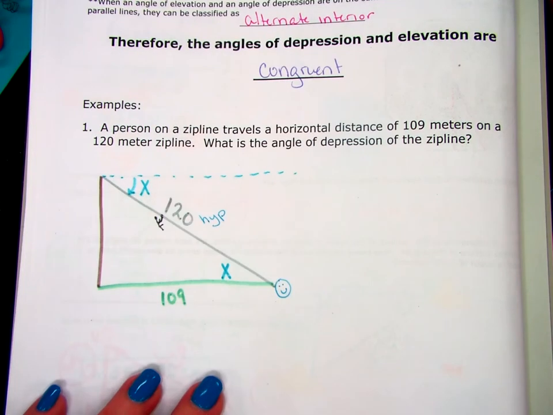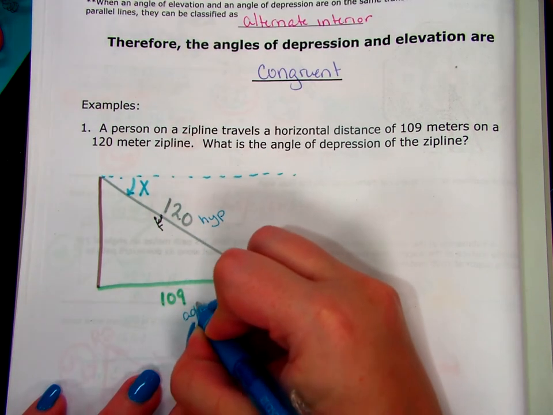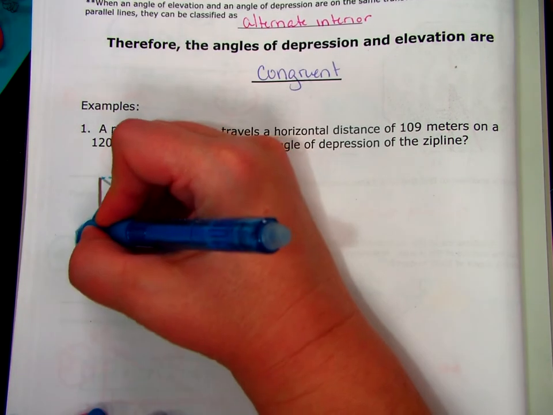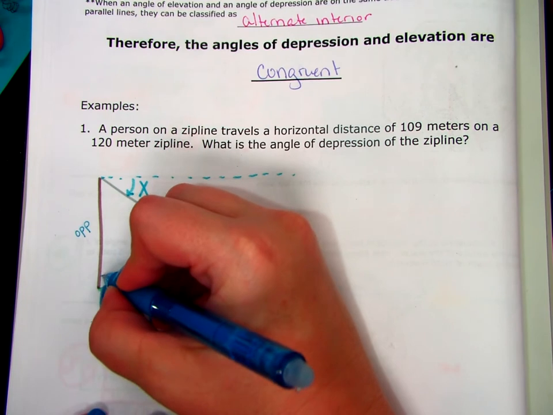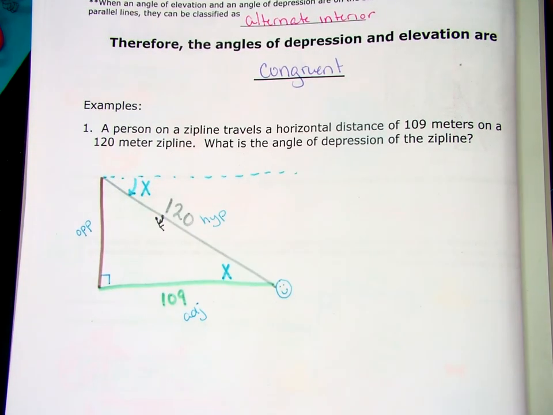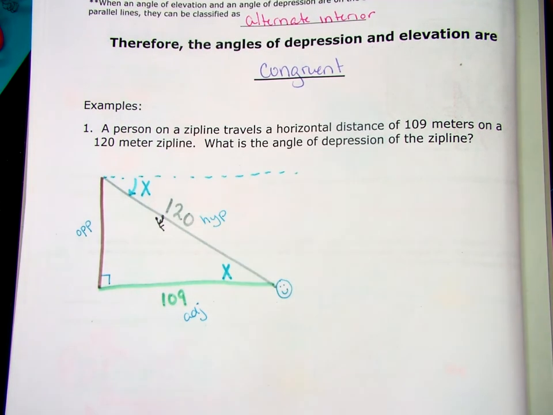And then where is my adjacent? 109. And then the height that we start off the ground, that is my opposite. Okay. And so that's where we get our 90 degree from. We think about that as the height. So if this question asks what's the height he starts off the ground, right, then I would use Pythagorean theorem to find his height at his starting point.